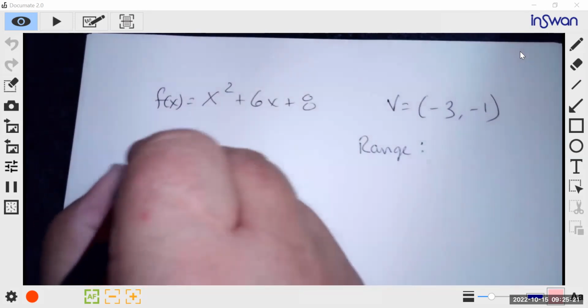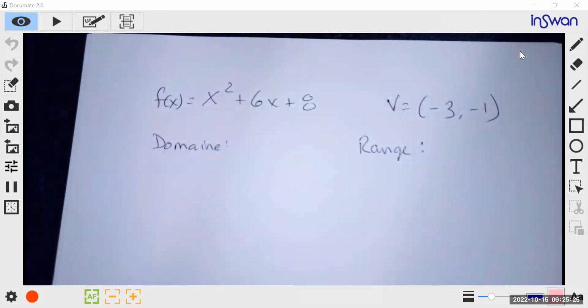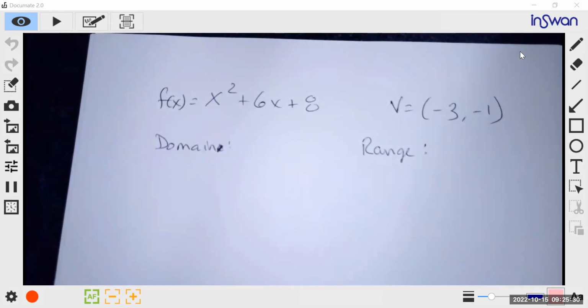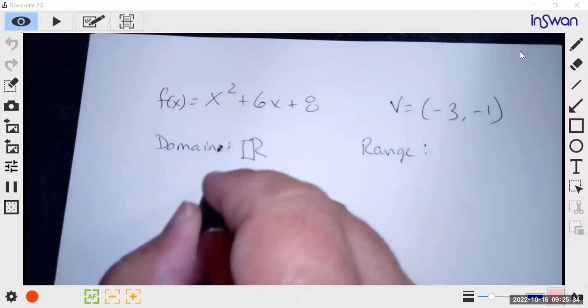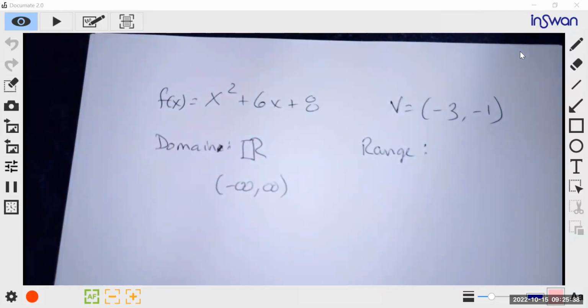Also, what's the domain? Domain will be all real numbers. In other words, from -infinity to +infinity. What's the range?